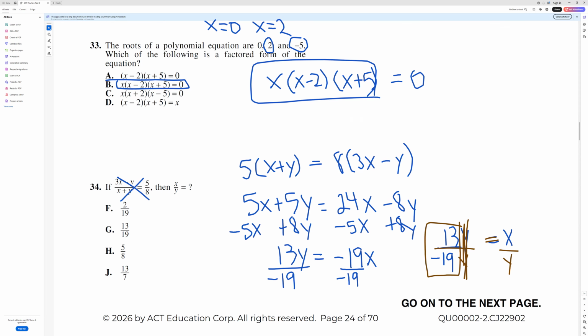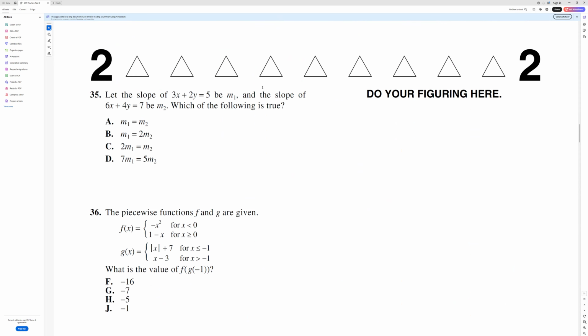All right, here we go. 35, the slope. Okay, thank God. So the y-intercept, we need to solve for y, which means we need to subtract 3x on both sides of this equation, cancels. So we get 2y is equal to negative 3x plus 5.